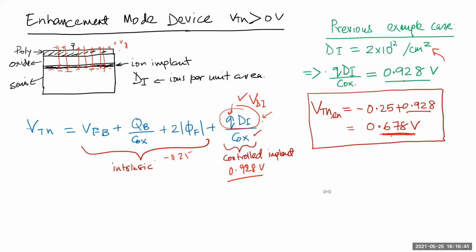Enhancement mode NMOS is a device which needs positive VT. Enhancement mode PMOS is a device which has a negative VT value. So I'm not sure what you mean by it will not work in case of negative threshold enhancement mode.